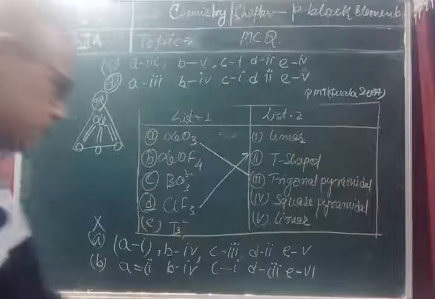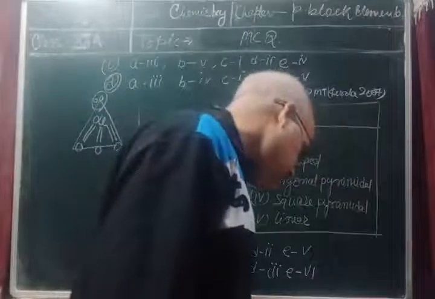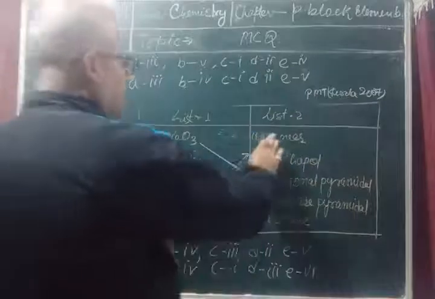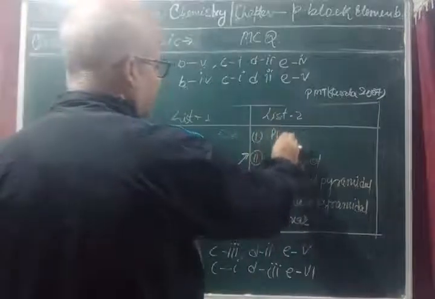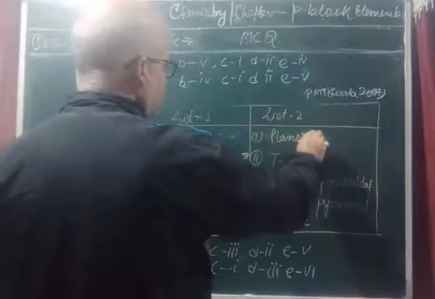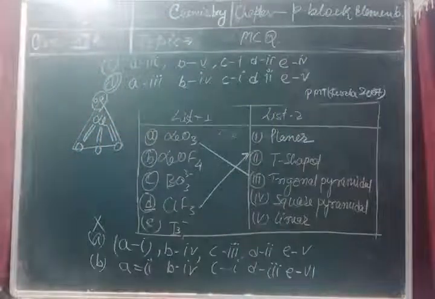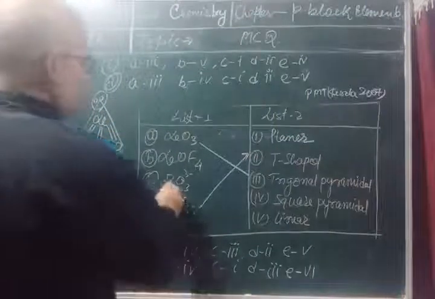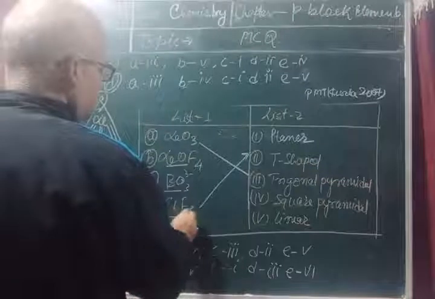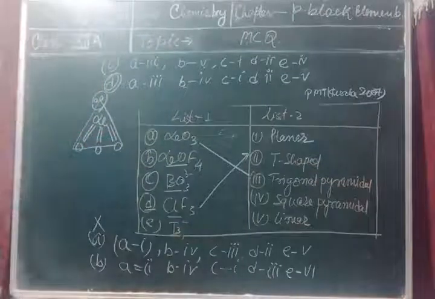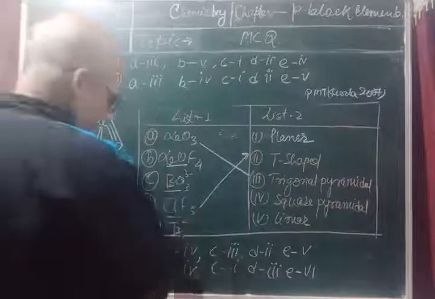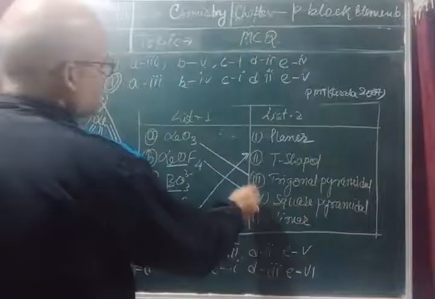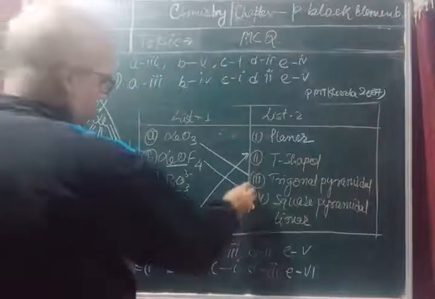Here is option 2, this one, the planar. Now we have this one and this one. This one is square pyramidal.